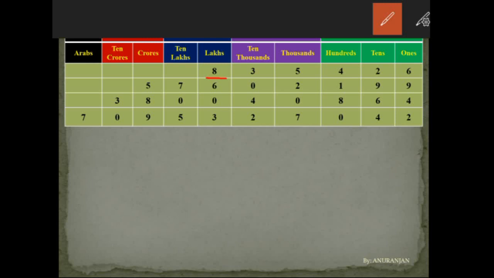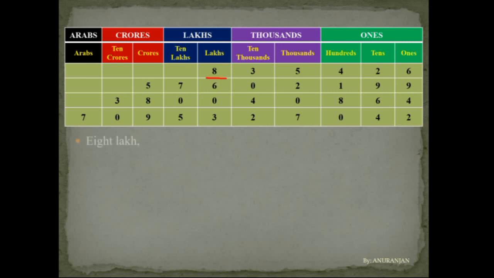So in words we can say 8 is in lakhs place, so 8 lakhs we can say, isn't it? Then 3 is in which place? In 10,000 place. Now here you remember that the periods are there for a reason, so that you can group the numbers together. So here in the thousands period, 3 is not alone, but 5 is also there.